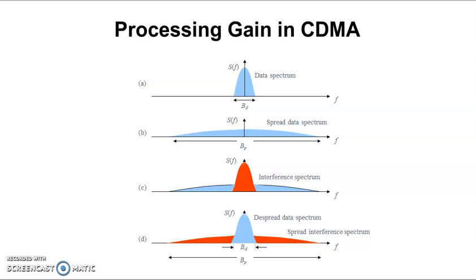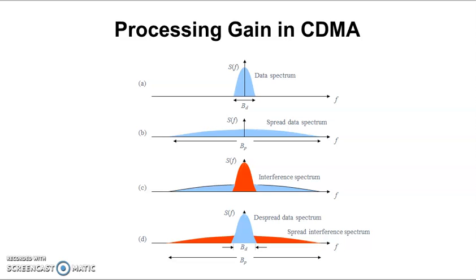In the figure A, Bd is the data bandwidth, and the PN sequence rate Rp spreads the signal over the bandwidth Bp. When we have an interference signal I, the interference spectrum in figure C, it can be a deliberate jamming signal or any other undesired signal in the receiver band.